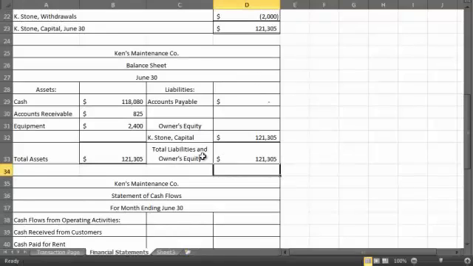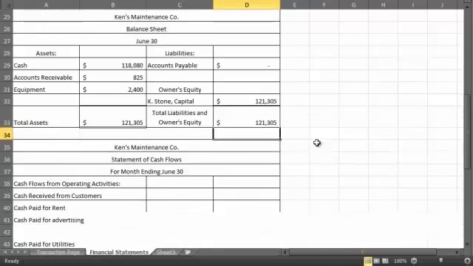So we've got our balance sheet completed, and our assets do equal our liabilities plus owner's equity. Because we did this on the other page, we knew that our accounting equation should be in balance when we had finished all of our items and transactions.